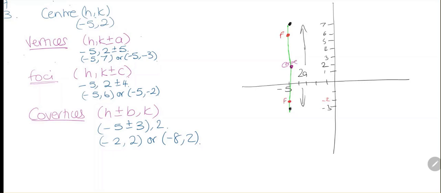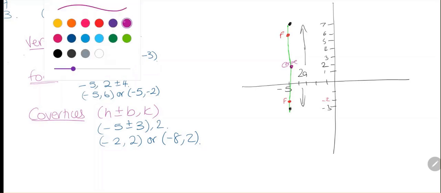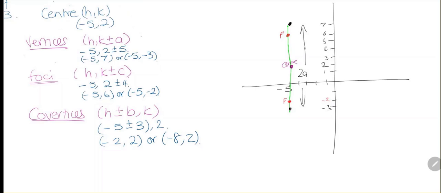And now we need the co-vertices. So co-vertices at minus 2, 2. So that's going to be here. And at minus 8, 2. So minus 4, minus 5, minus 6, minus 7, minus 8.